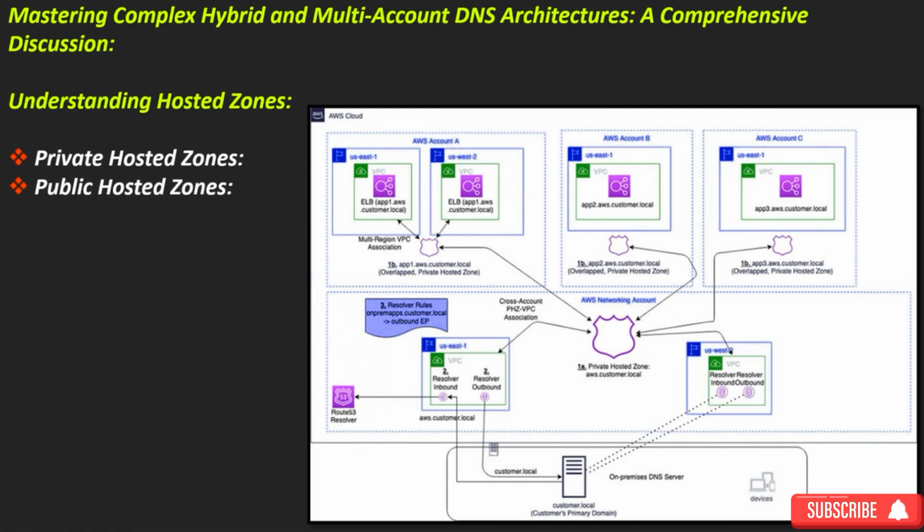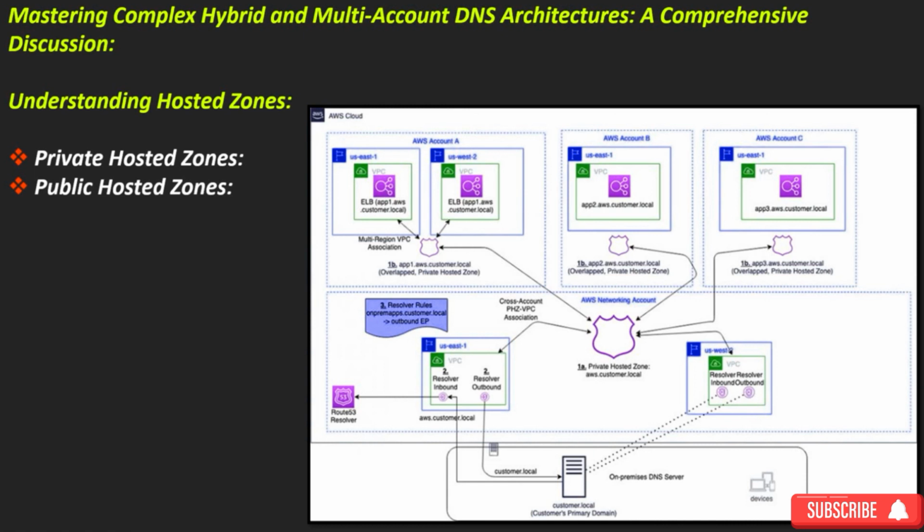The first point we need to talk about is understanding hosted zones, starting with private hosted zones. Private hosted zones are very crucial for internal communication within your network, and they enable you to create custom DNS names that can only be resolved within specified Amazon Web Services private clouds. This ensures secure and isolated communication between resources.